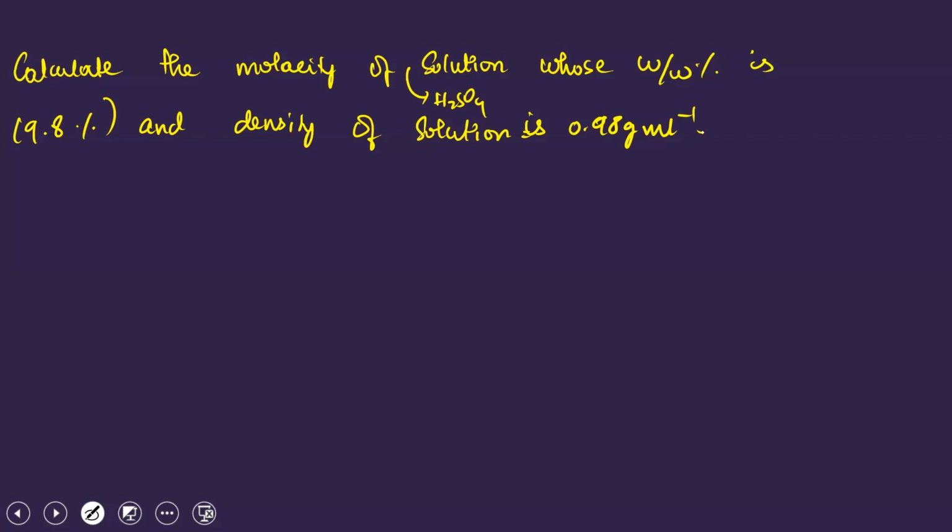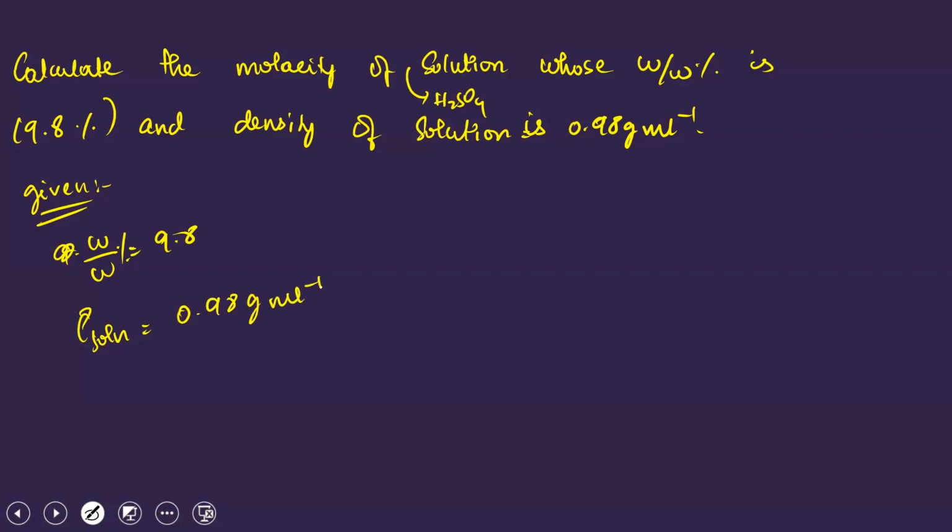Clear? Fine. Now, to solve this question, first we have to write the given data. What is given? Weight by weight percentage is 9.8, right? And density of the solution is equal to 0.98 gram per ml. Try to expand what is being given.